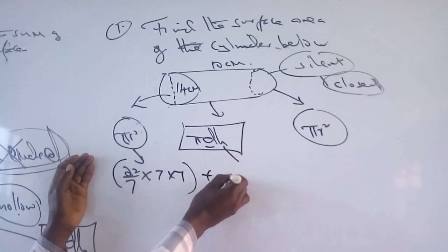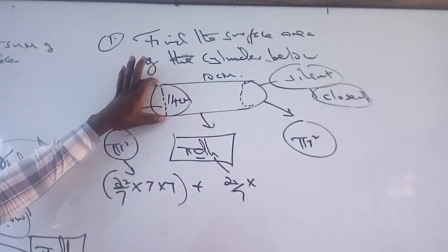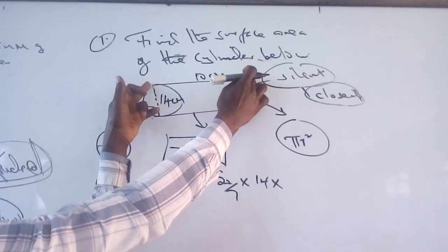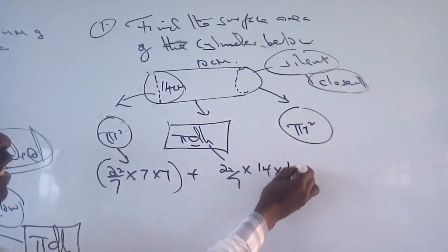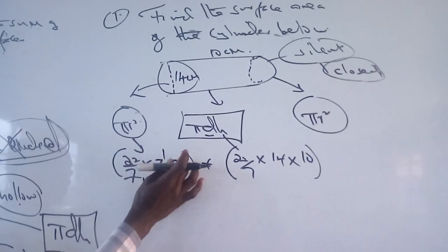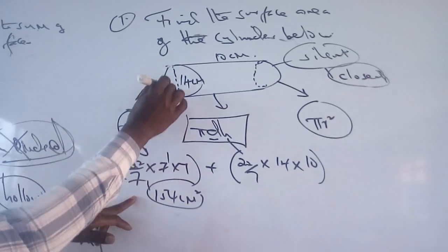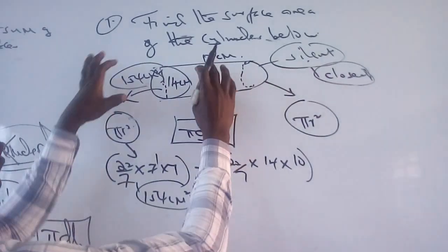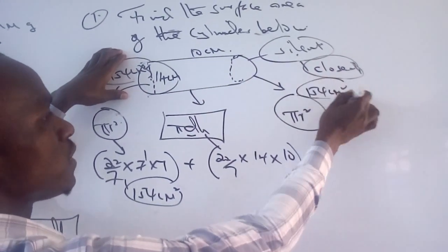Then pi dh: pi, which is 22/7, times diameter 14, times our height, which is the distance between the two cross sections, which is 10. So 22 times 7 is 154 centimeters squared. So this area is 154 centimeters squared, and this area, because they are the same cross sections, is also 154 centimeters squared.